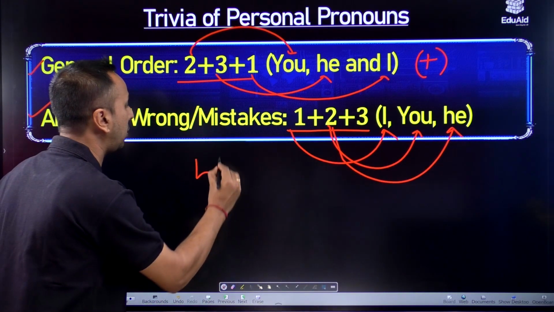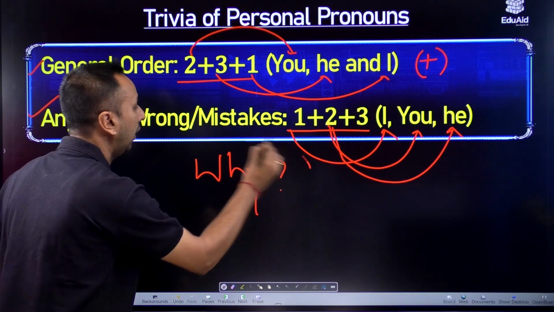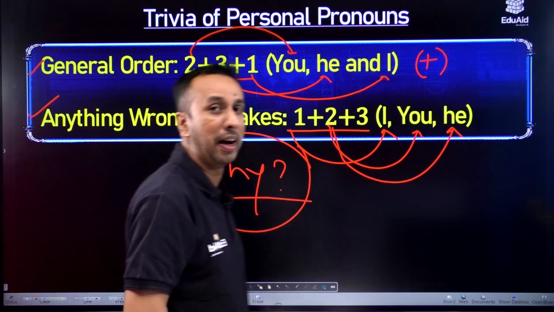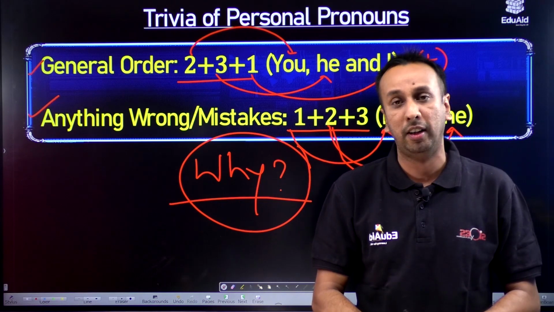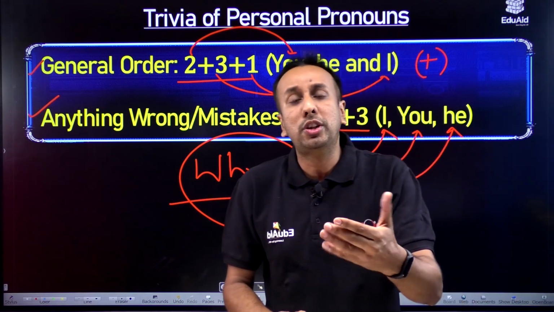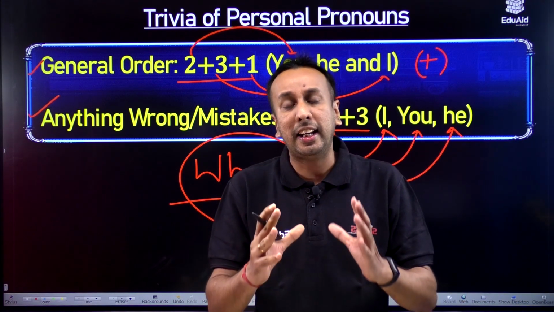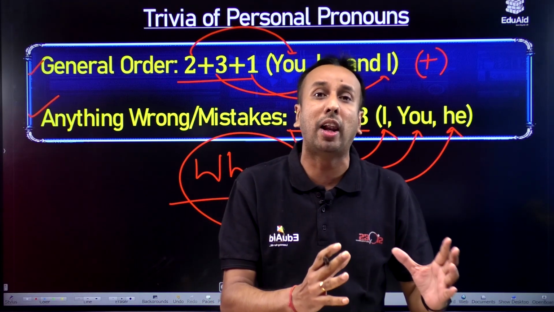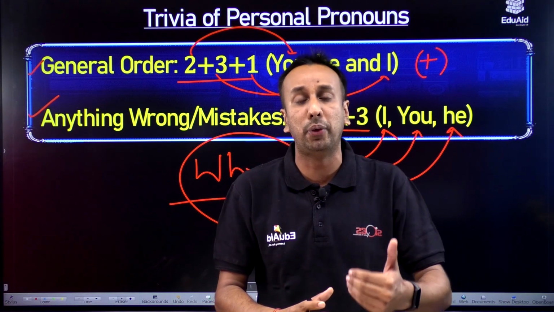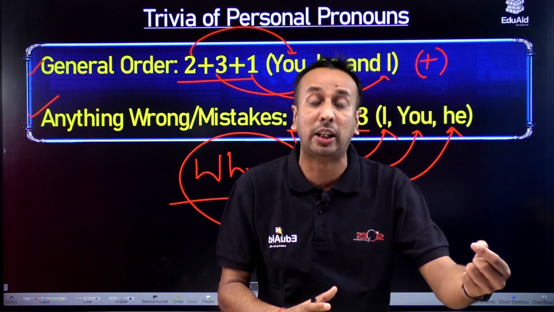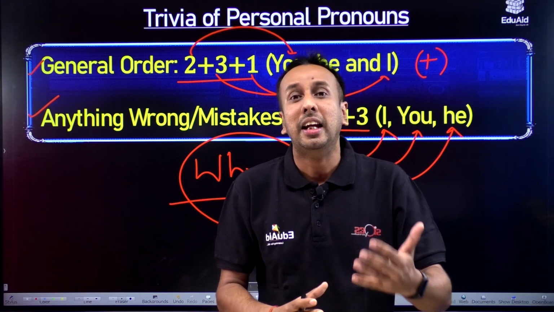Now, a question may come into your mind: why is it happening? Because English is a very courteous and polite language. You will see politeness, sorry, thank you, things we normally see more in English culture.